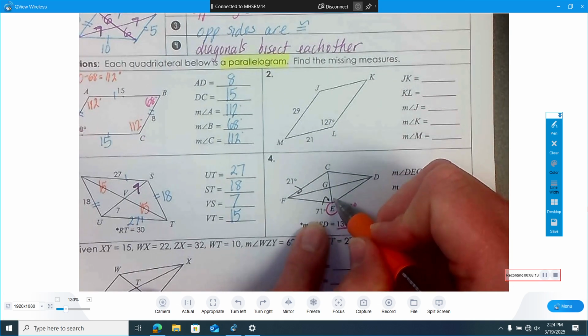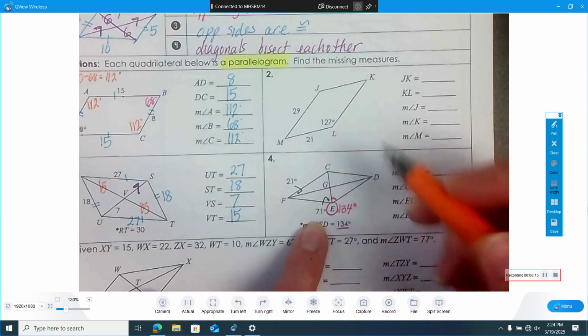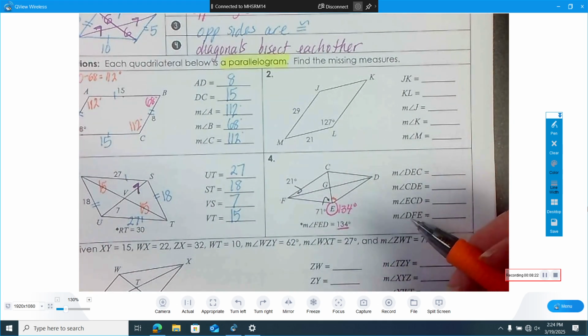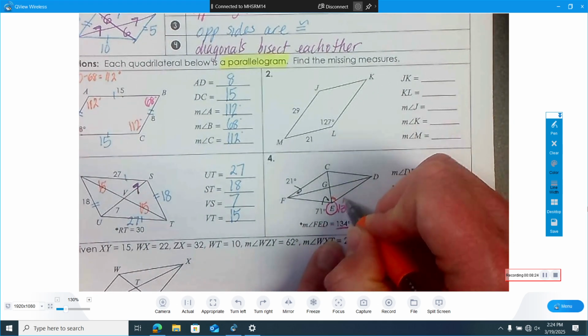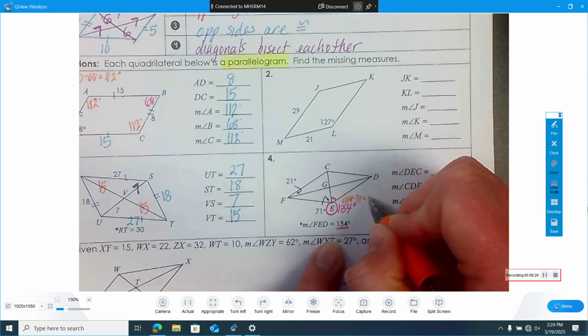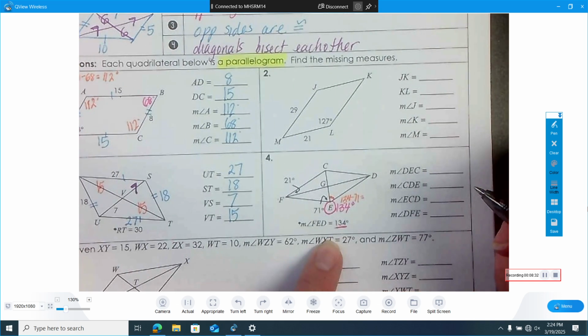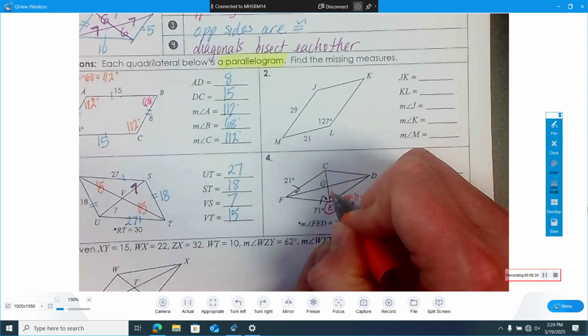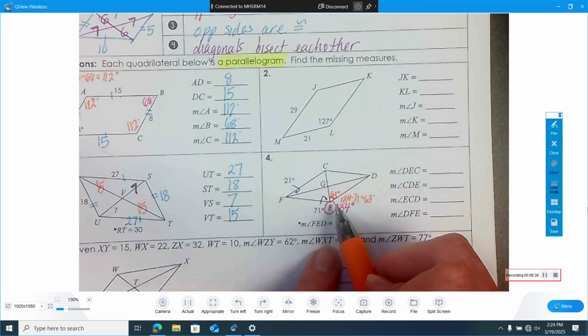Can I figure out this angle next door, angle GED? 134 minus 71. Yeah, 134 minus 71 is... Anybody? 63. All right, so 63 degrees right there, that little orange angle there.